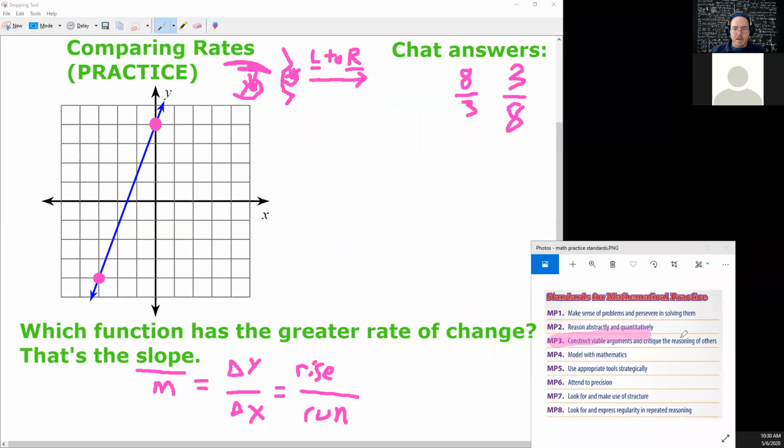All right, so let's make an argument for what we think is correct. Okay, so the question is, if we're going left to right, which one do we do first?